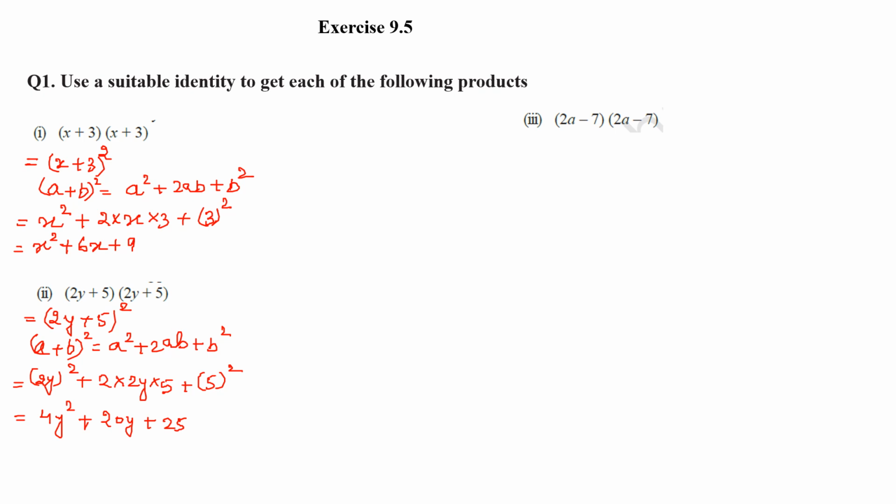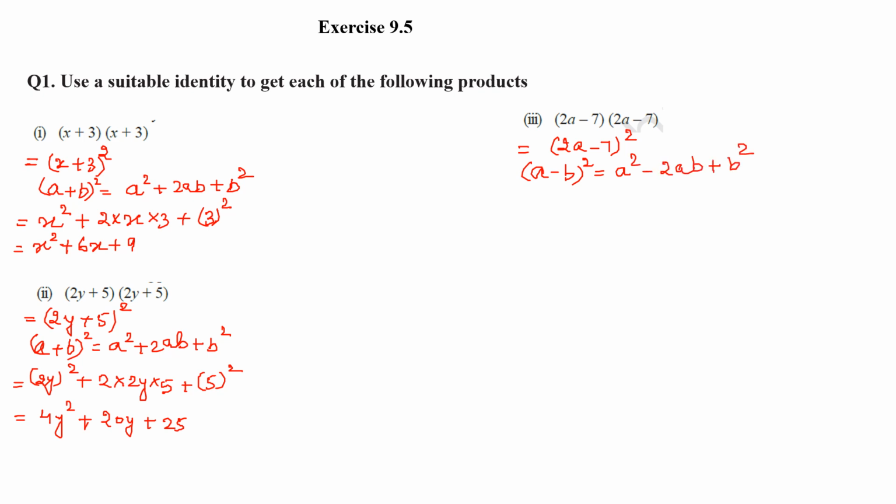Now third question. Now you all please pause the video and just think about it. Which identity you have to use over here. Your question says 2a minus 7 multiplied by 2a minus 7. So this I can write as 2a minus 7 whole square. And we have our identity a minus b whole square, which tells that a square minus 2ab plus b square.